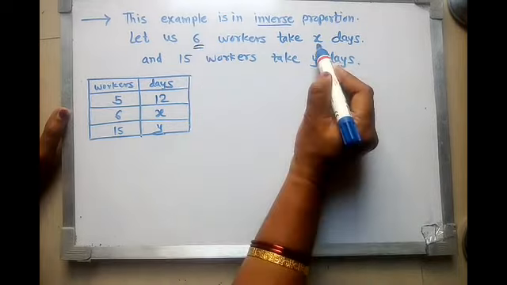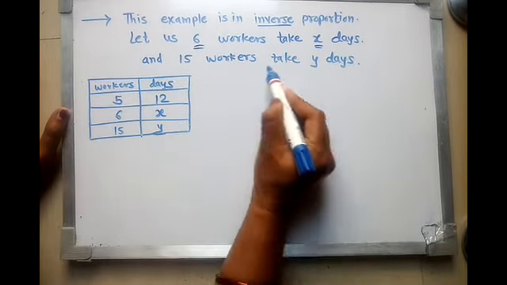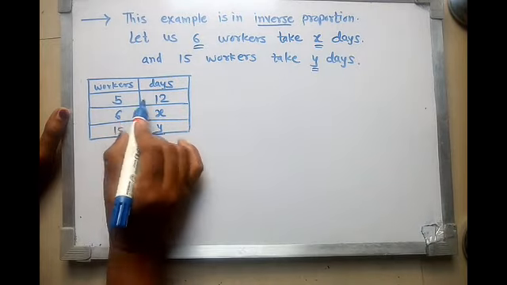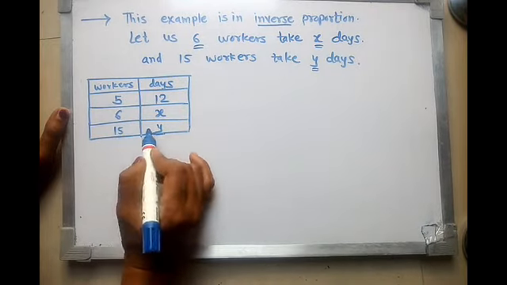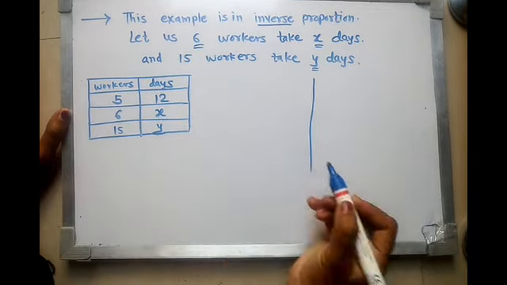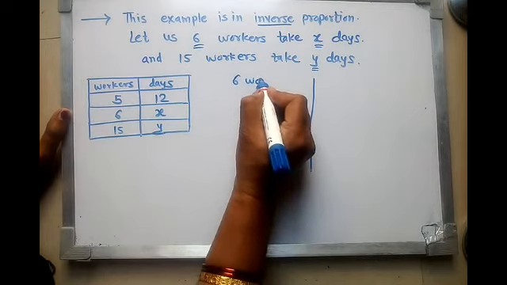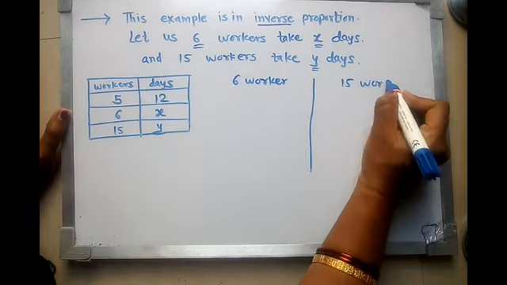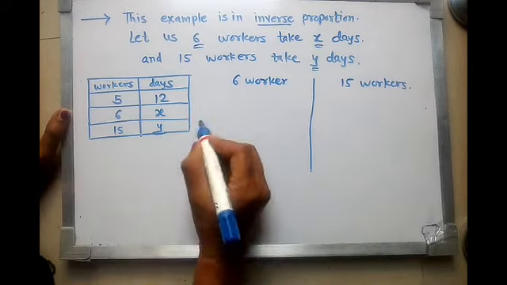Let 6 workers take X days and 15 workers take Y days. Here I make a chart for workers and days: 5 workers 12 days, 6 workers X days and 15 workers Y days.